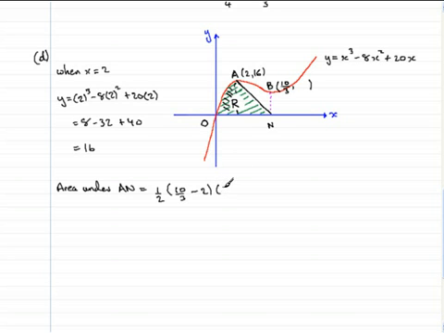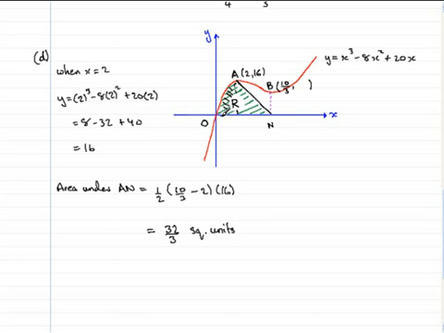So the area under AN will be half the base times the height. Working it out on the calculator, we get 32 over 3, 32 thirds, and that's square units, or units squared.